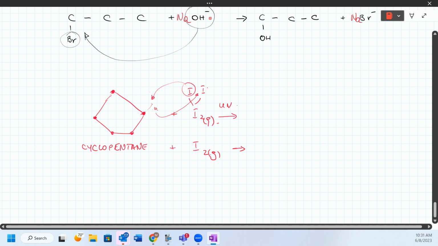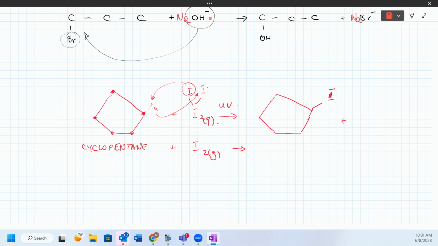So what you have here is a cyclopentane that has an iodine here, and you have an HI. So this is the first type of substitution. In the naming, this will be iodocyclopentane plus hydrogen iodide. Make sense?